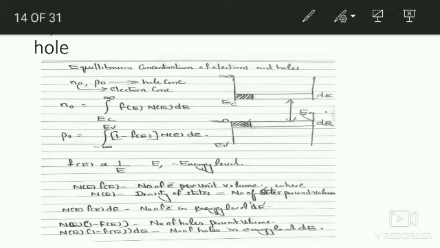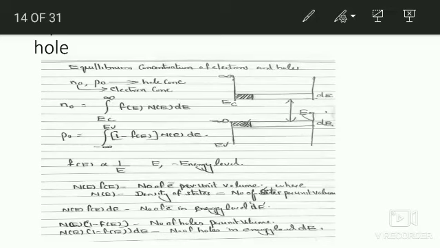Similarly, the hole concentration is represented as the integral from minus infinity to EV, because minus infinity is the bottom energy level of the valence band and EV represents the top energy level of the valence band, of N of E times 1 minus F of E dE. N of E is the density of states, and 1 minus F of E represents the probability of finding holes.